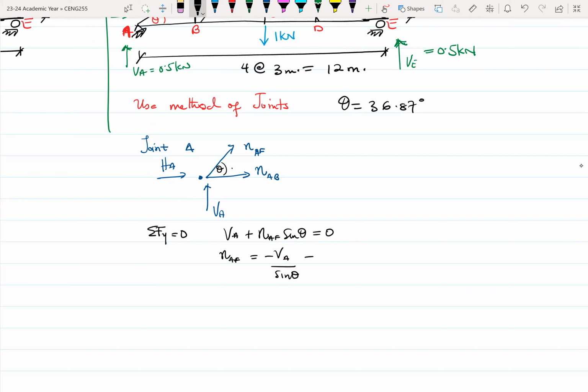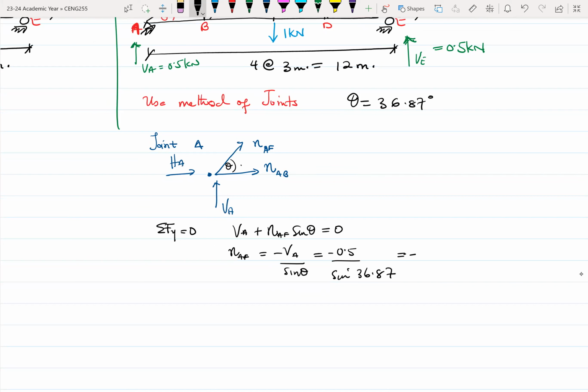V is 0.5, so minus 0.5 over the sine of the angle 36.87. That will give us minus 0.833.